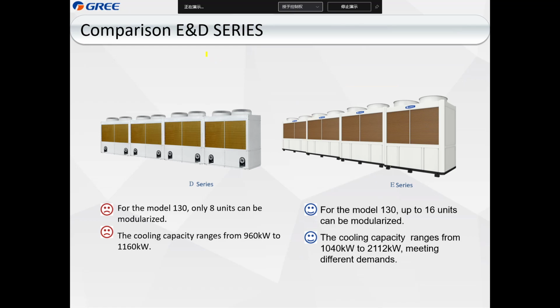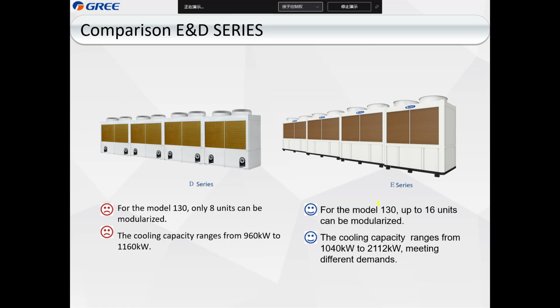And next we make some comparison between E and D series. Actually, we have introduced this one for D series and E series for the 130 kilowatt. For D series, only 8 units can be modularized.